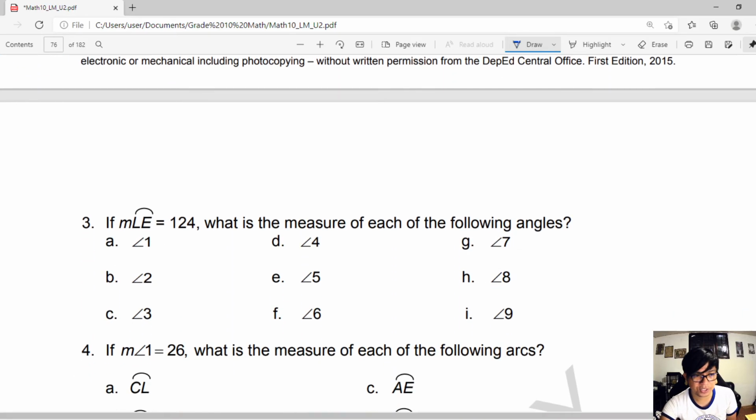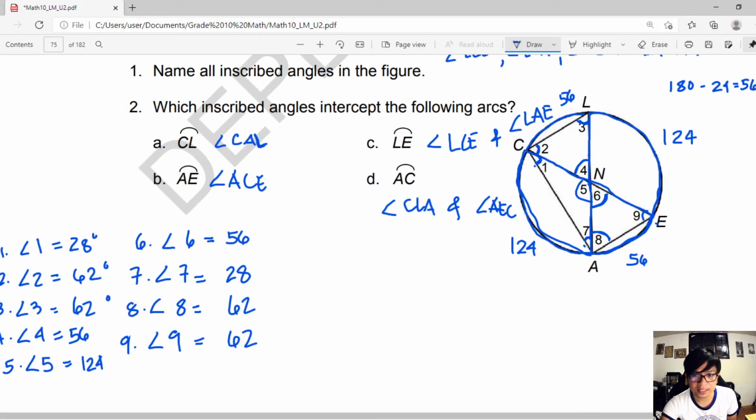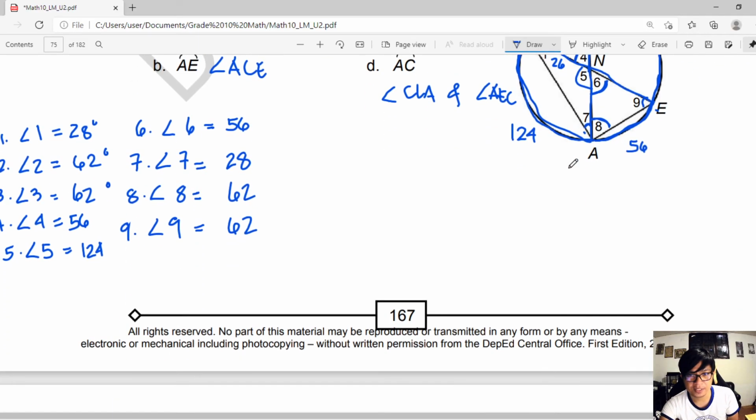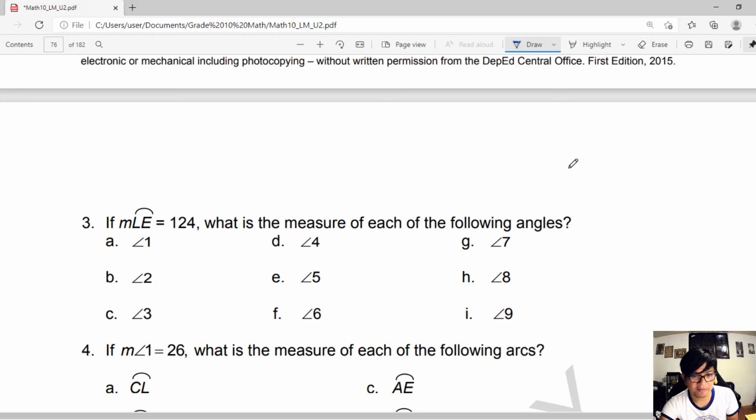If the measure of angle 1 is 26, where is 26 here? Angle 1 is 26. Ito. Pag ang measure na nito is ang 26. What is the measure of the following arc?